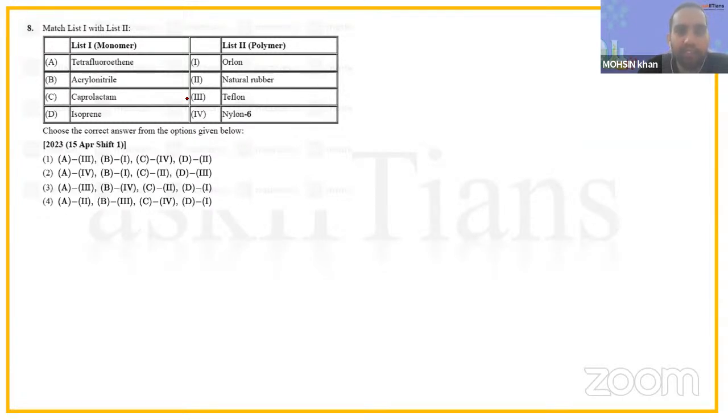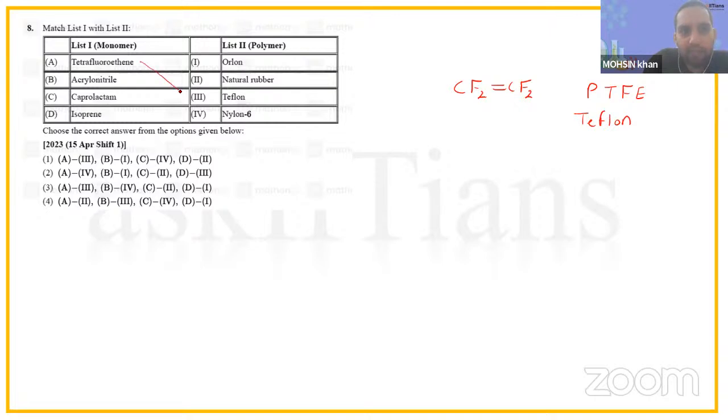Again, we have got a match the following. Last year, match the following questions were there in the exam. We have to match monomer and polymer. So tetrafluoroethene is like this: CF2 double bond CF2. From tetrafluoroethene, we will get polytetrafluoroethene, PTFE, which is also known as Teflon, used in non-stick utensils.